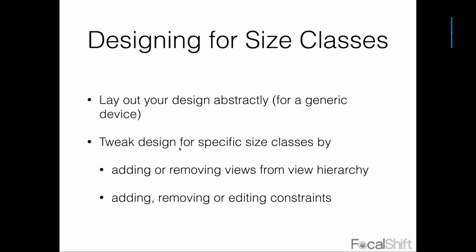So you'll either be looking at a version of a 4 or a 4S or a 6 Plus or whatever in this assistant editor. And as you make changes to the abstract view auto layout constraints or you add more views to the hierarchy, you will see a real-time rendering of what it will look like on some other real device type.